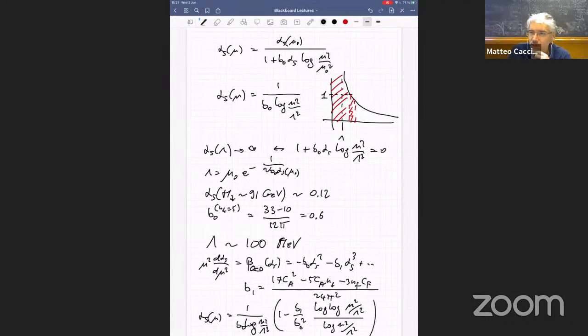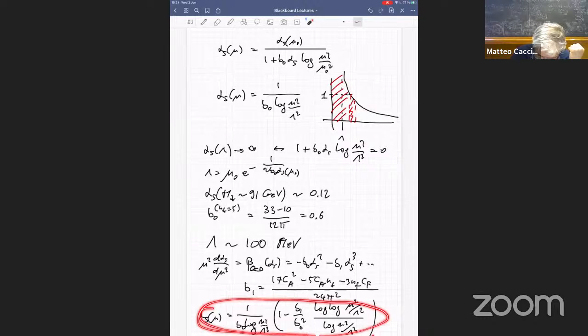Note that this is not an exact result. There is no closed form expression for the solution of the RGE beyond leading order. So this expression here is not the exact solution of this one, but it is a solution that is accurate at that given perturbative order.